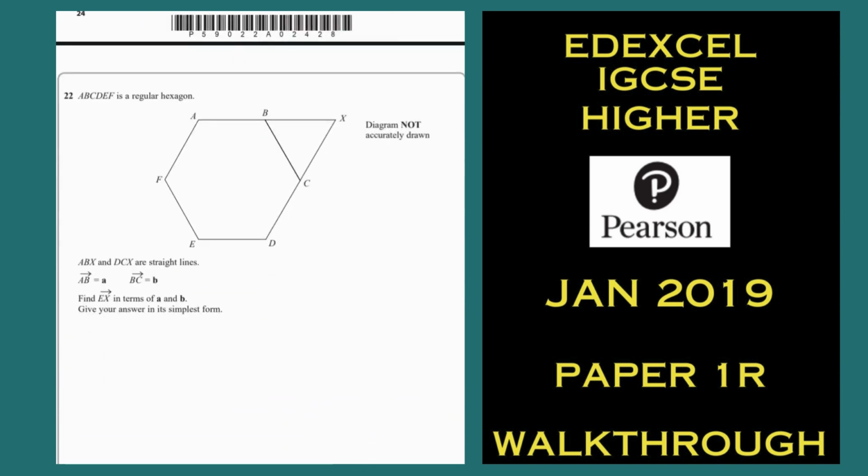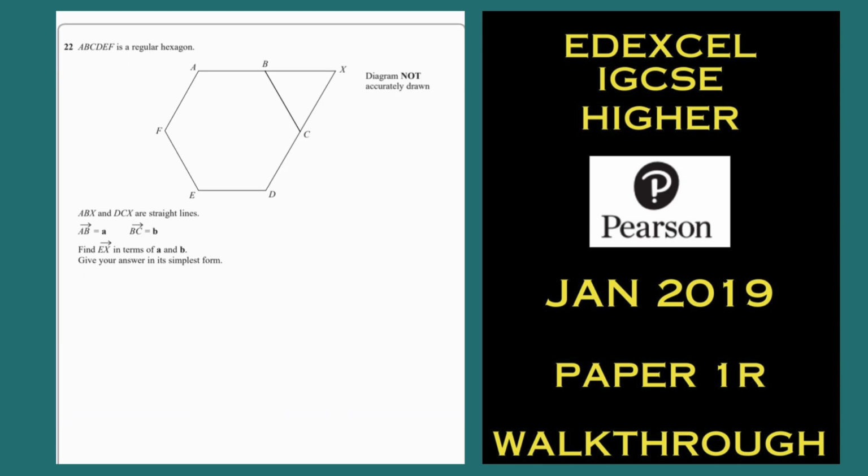On we go. So when you have a regular hexagon, it is made up of 6 equilateral triangles, and so will that be. So it's equilateral triangles all over the place. So also, we know A to B like that.